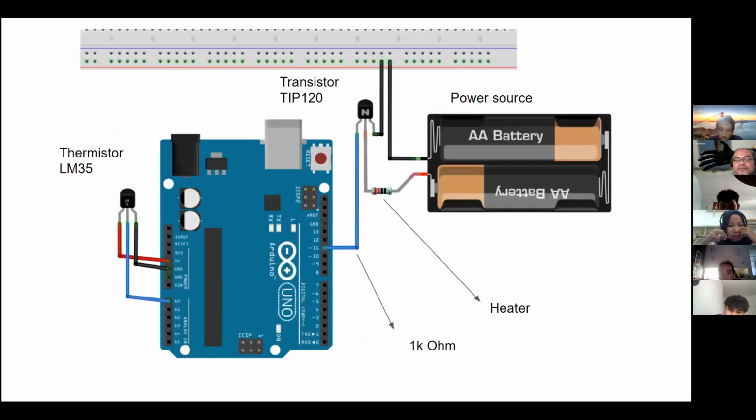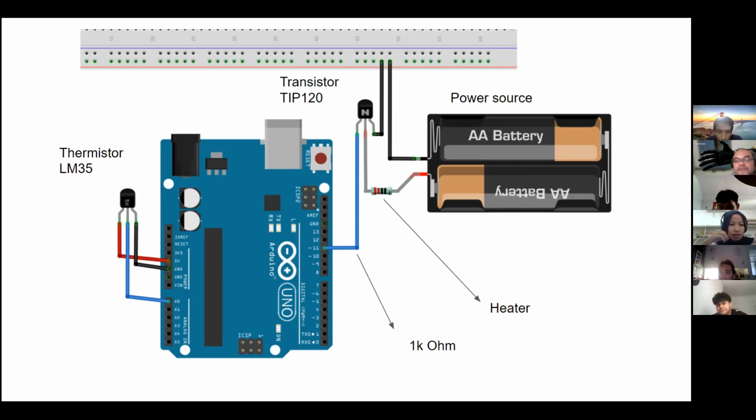Oh, this one. So the thermistor will measure the heat of the heater. It means the LM35 should touch the heater, right?